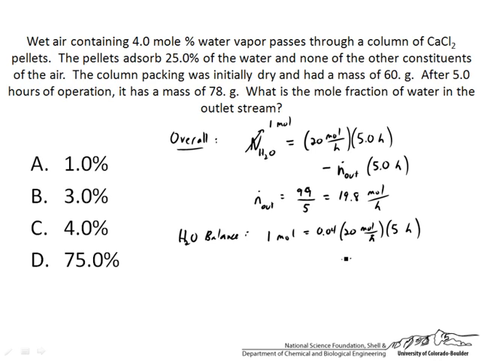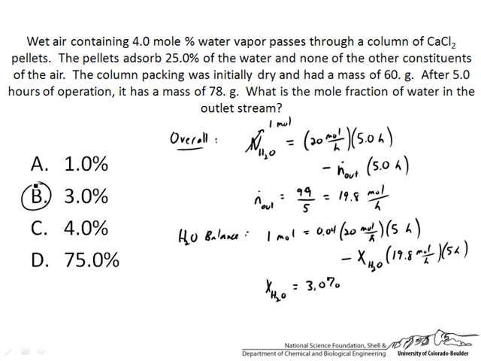And then for our outlet term, we have our unknown mole fraction of water, X, which I think I called XH2O on the previous slide. We know that the total molar flow rate is 19.8 moles per hour, and again, it accumulates over 5 hours. Now again we have a single unknown, XH2O, so we can solve this problem easily enough, and we determine that it's 3.0%. And so that's answer B.